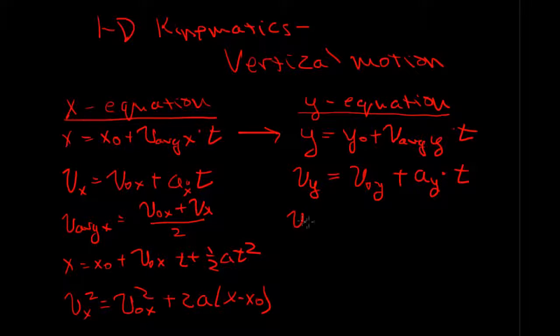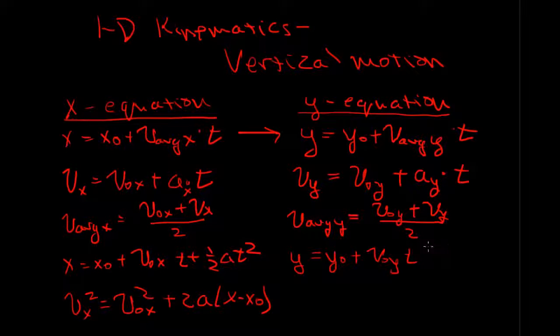And so then I can say v average y is equal to v initial y plus the final y velocity divided by 2. Similarly, here I can say y is equal to y naught plus v naught y times time plus 1/2 a sub y times t squared.